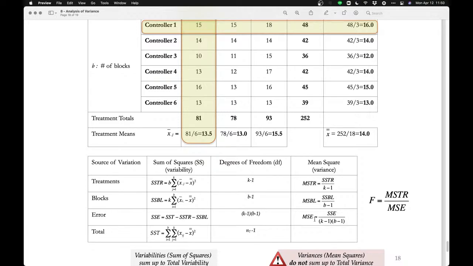Variabilities have this nice property that they add up to the total variability. Variances do not do that. Okay? Even though for our statistical tests and the distributions we want to deal with the variances, not the variabilities. Okay? When you divide variances, they have this nice F distribution. Divide variabilities, they do not have a known distribution. All right?